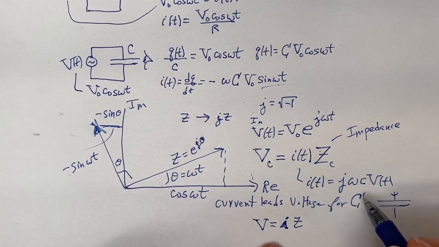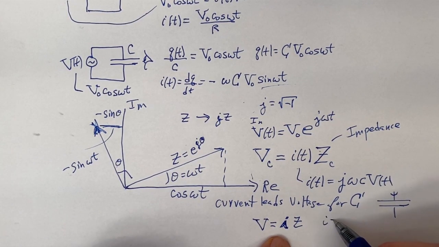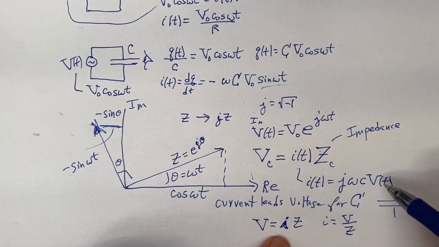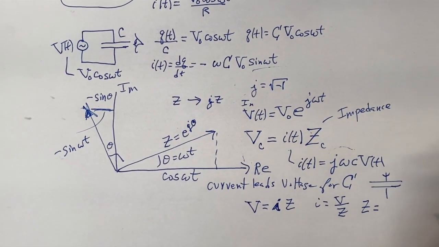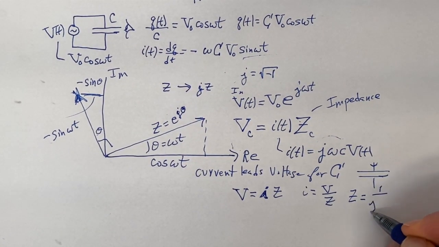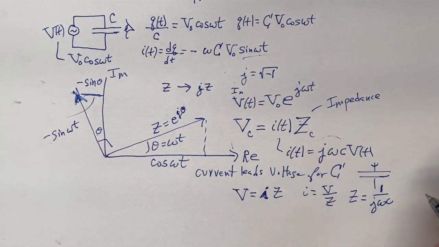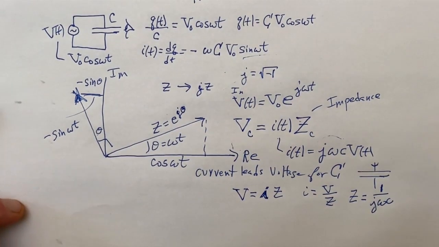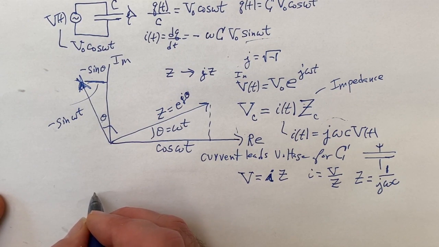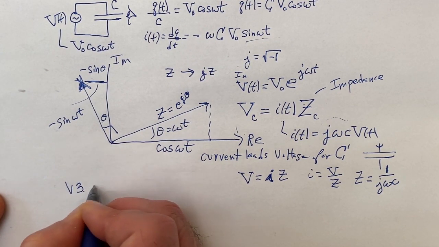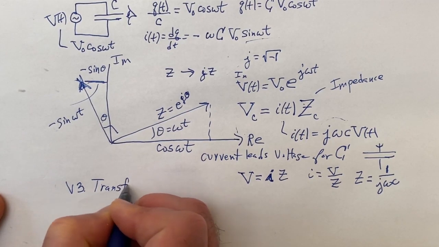So if this is your current, then the current is the voltage over Z. That means the generalized impedance, or generalized resistance, is 1 over j omega C. And this is what's taught to freshmen, or folks who just do an introductory engineering course. Now watch the beauty of the calculation to get the transfer function. That's what we're going to do now: the transfer function the fast way.